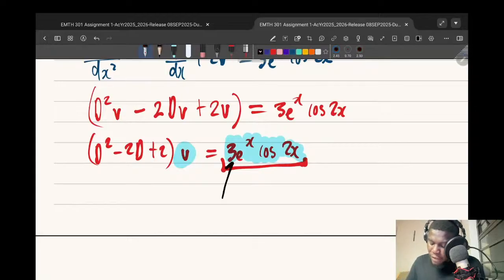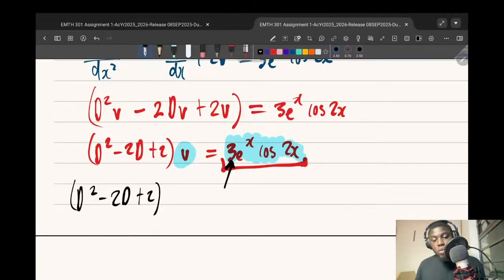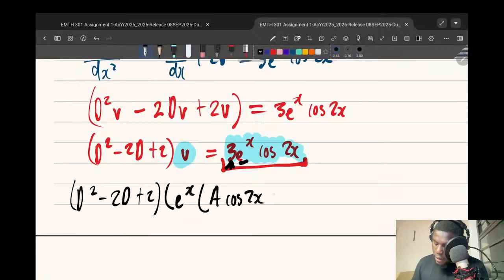We never ever bring back constants. D squared minus 2D plus 2. Instead of v, we are now putting what v is. What is v supposed to be in this case? It will be e to the x. You bring back the e. Then you say inside bracket a cos 2x plus b sine 2x.